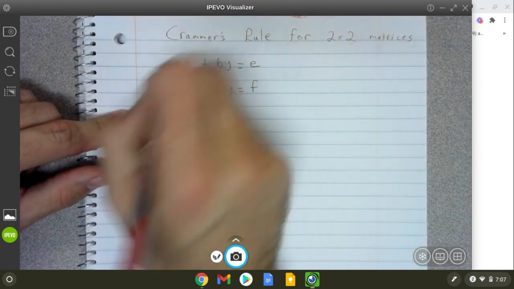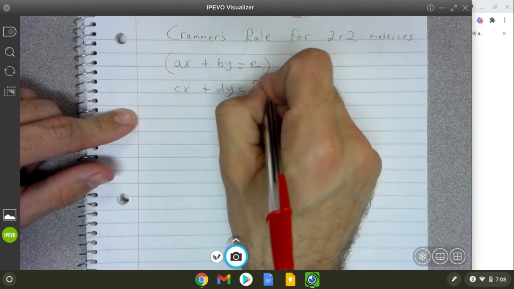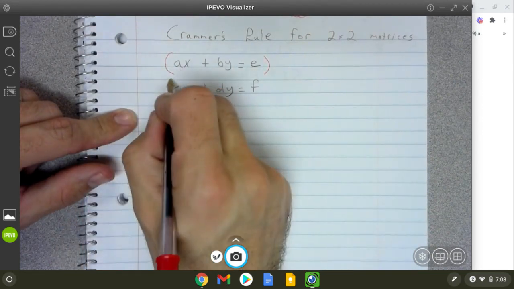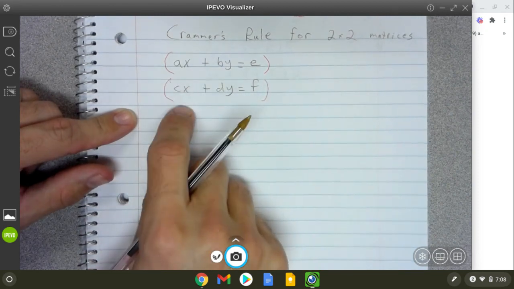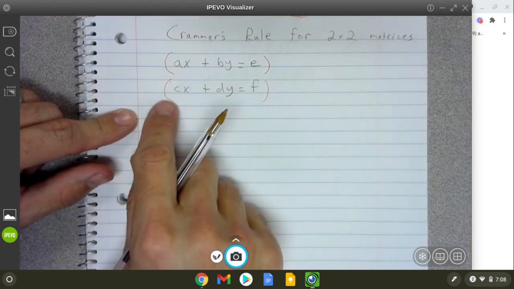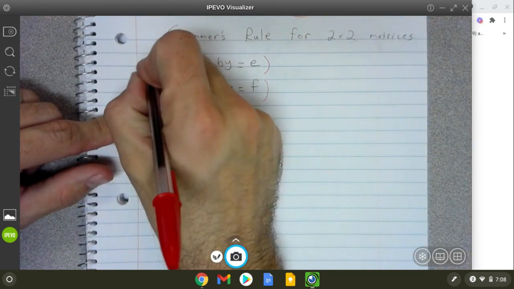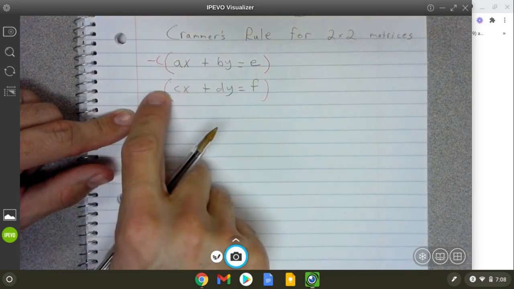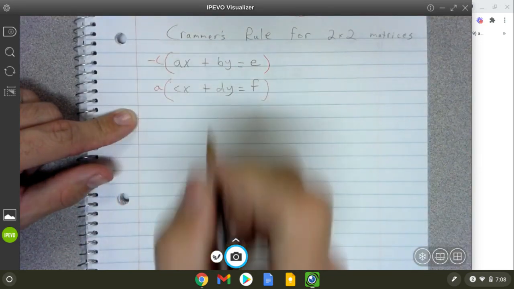What I'm going to do is make the coefficients for x the same number. Actually, I'm going to multiply the top equation by negative c, and I'm going to multiply the bottom equation by a.